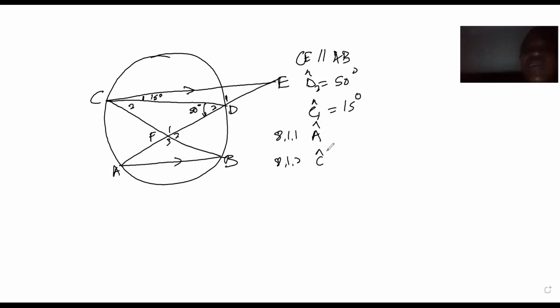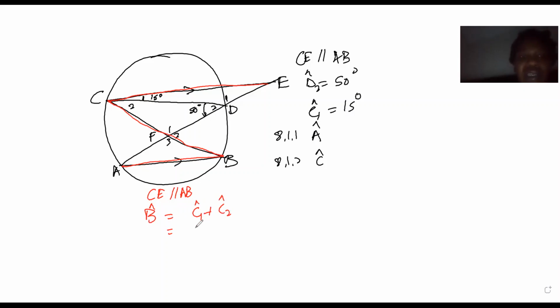We said if we have parallel lines, can you see? This is parallel to this, right? Let's see the shape. So if the line AB is parallel to CE, then alternate angle B is going to be alternate angle C1 plus C2.